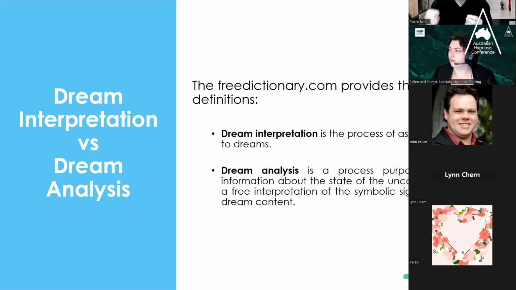When I talk about HypnoDream analysis, it's a process to derive information about the state of the unconscious mind by a free interpretation of the symbolic significance of the dream content of each client. So it's very different. We're not assigning meaning. We are asking the subconscious mind what the meaning of those symbols is to that person.